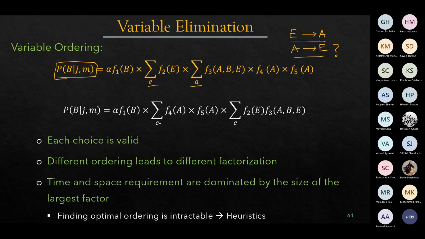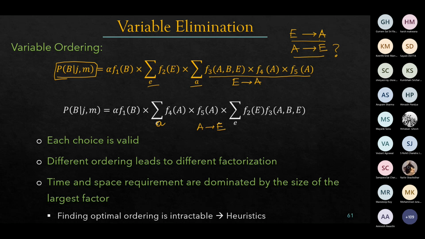I guess I have made a mistake here. So here I think we'll be having A, right? So here we are following the ordering E followed by A, but here we are following the ordering A followed by E, right? Now you can see that when we follow the ordering E followed by A, we have three factors which we are computing together.